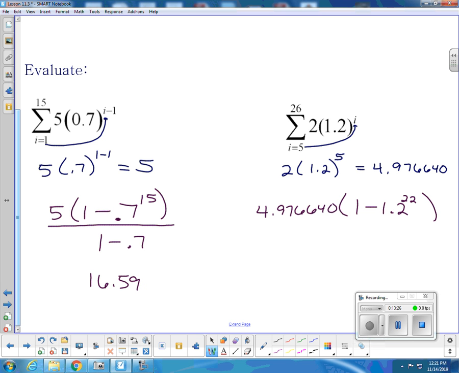So the first term, again, you're going to take the sequence, and whatever this bottom number is, you're going to plug into it.